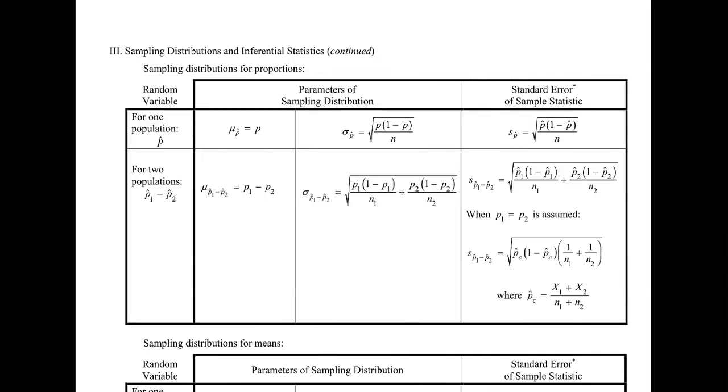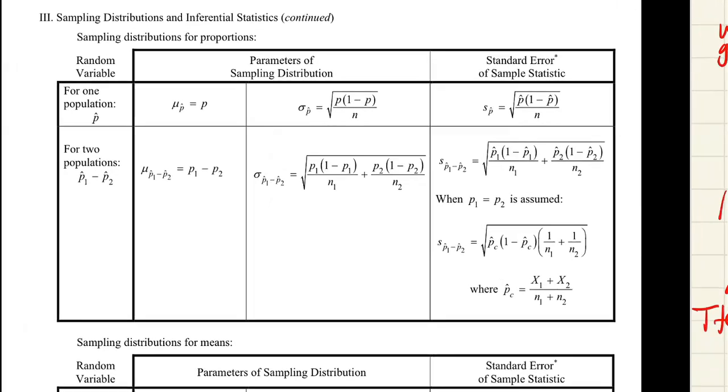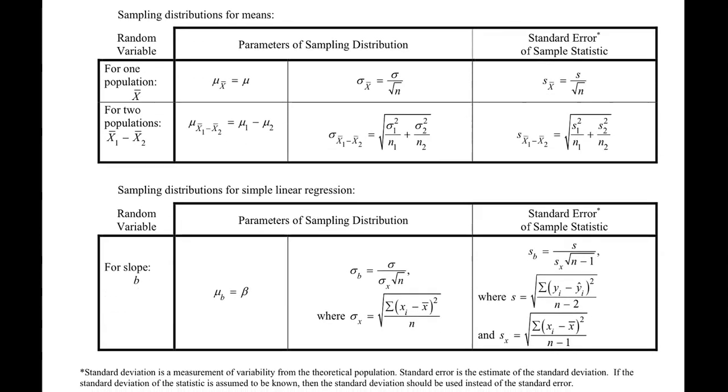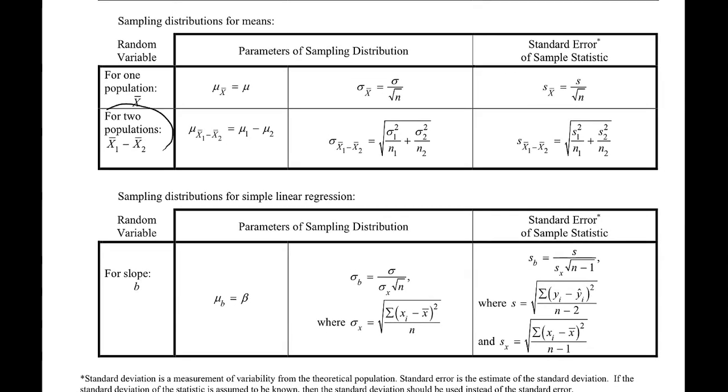Maybe we'll jump over here to the formula sheet, and on the second page are your sampling distribution formulas. All of these are proportions, so we're going to ignore those. We're working with means. And we have two different groups, two independent groups, either the ambulance arrival or the self-driven arrival. And notice this formula here is our standard error of the statistic.